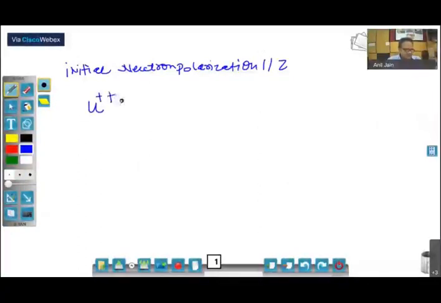U plus plus means my up spin goes to up spin after the scattering. So I have the neutron with spin up, and after the scattering it remains a spin up. So it means no spin flip. This process you can write as B minus P perp z.